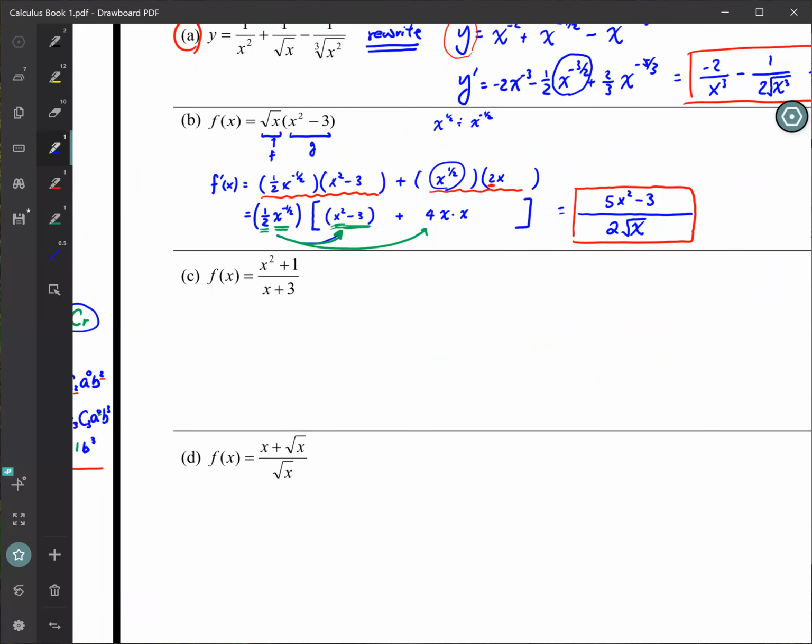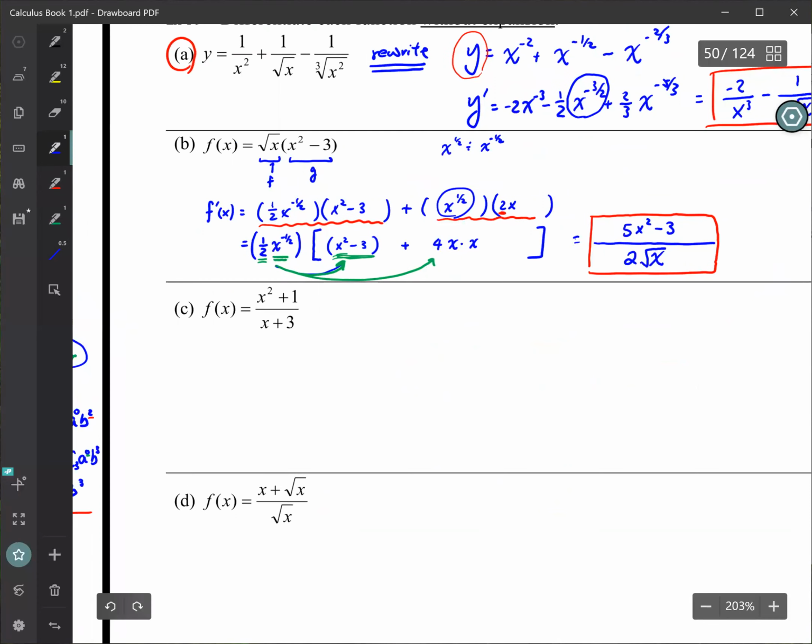So remember, watch out for your notation. Do not start by writing equals and then prime. You have to write a new title, f prime of x equals.